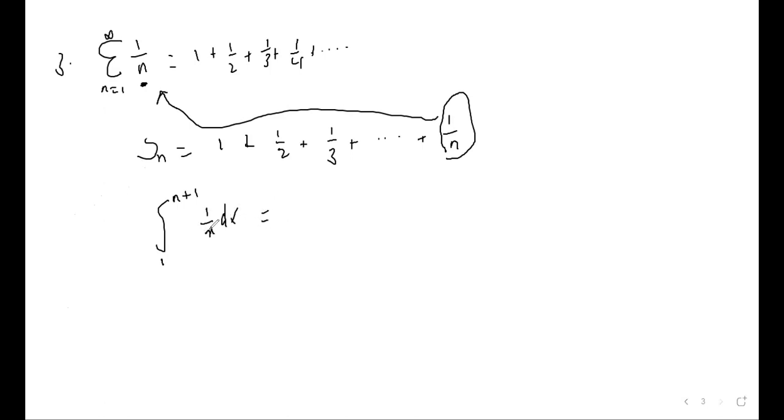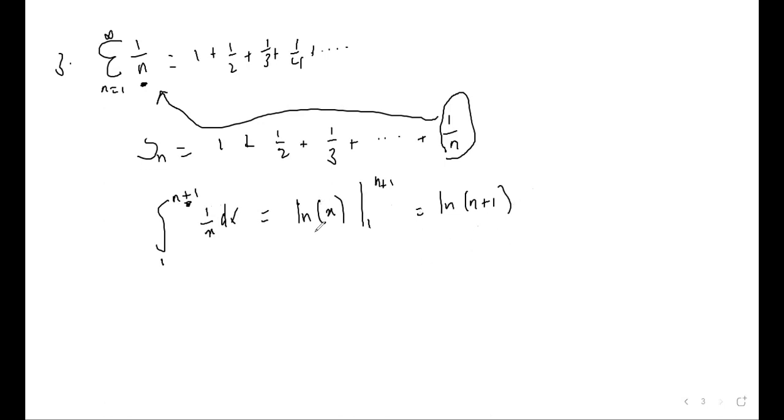The x I've changed to a different variable so that I can differentiate, because I'm using n as the limit. And then the 1 over x will give us the ln of x. Then you have limits from 1 to that. Substitute the limits, you get the ln of n plus 1 minus ln 1, which is 0.